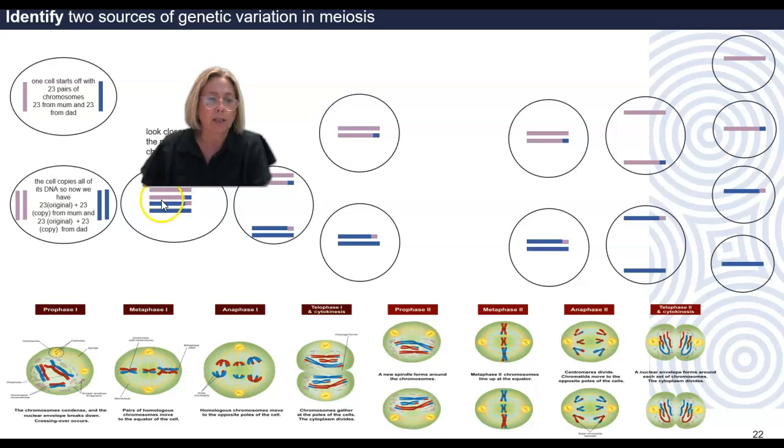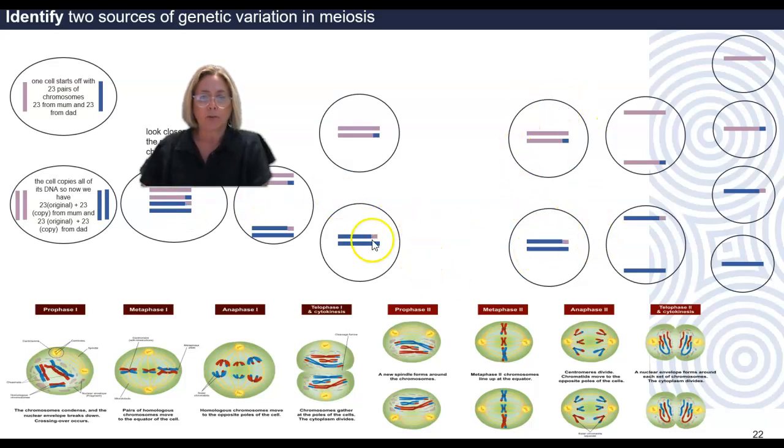So you can see we're getting swapping of pieces of material here between these chromosomes. Okay, so that some elements of the father's DNA is getting swapped for bits of the mother's there.